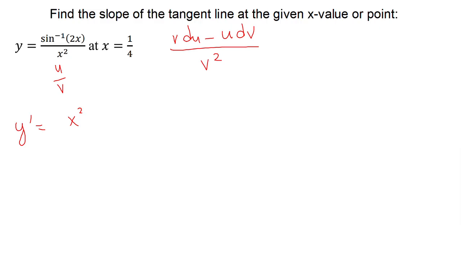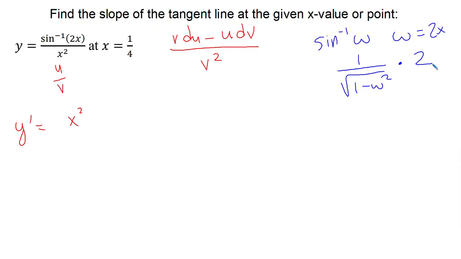Well, let's think about that. The inverse sine of 2x is a composition of functions. It's the inverse sine of w, where w is 2x. So we need to get 1 over root 1 minus w squared, which is the rule for inverse sine of w's derivative, and then times the 2 for the dw dx. So we're going to have a 2 here, and we're going to have it over root 1 minus our 2x squared.